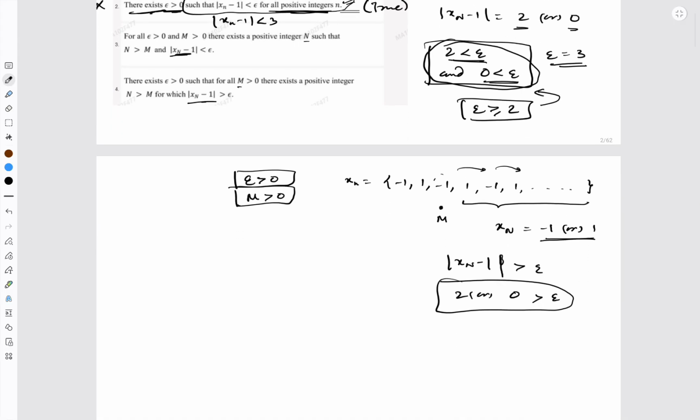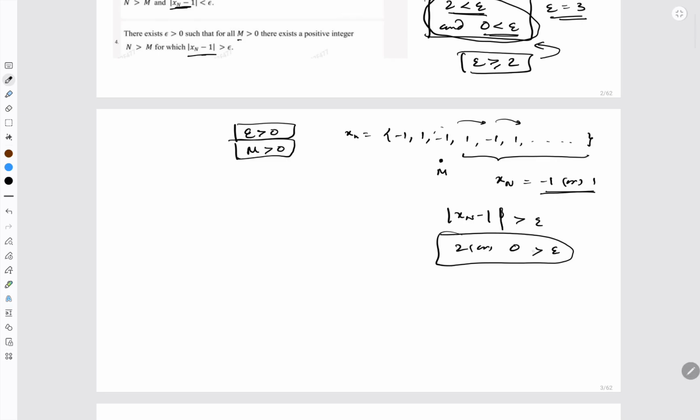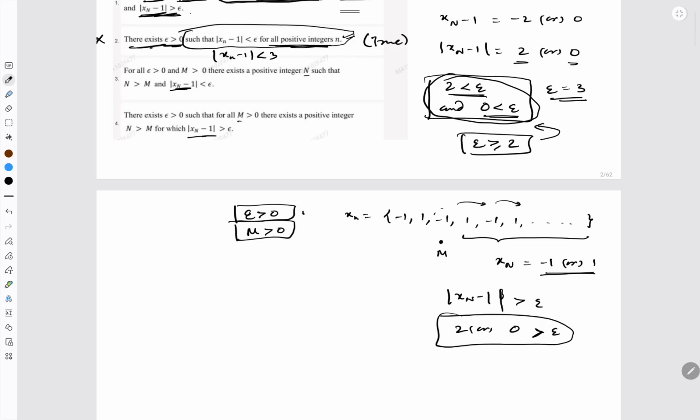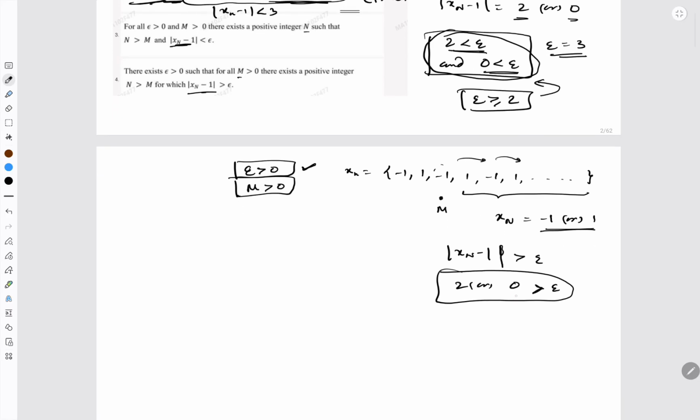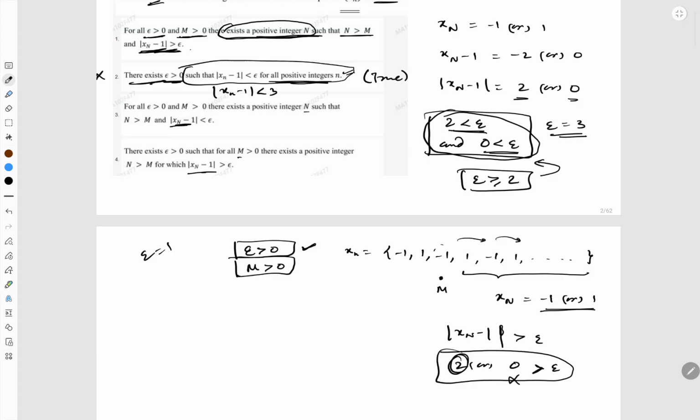Is it true, guys? So epsilon should be less than 2, but epsilon is greater than 0, it is already given to me. But epsilon can also be greater than 2. If I take epsilon as 1 or, let's say, epsilon is 3, then this is incorrect, right, guys?